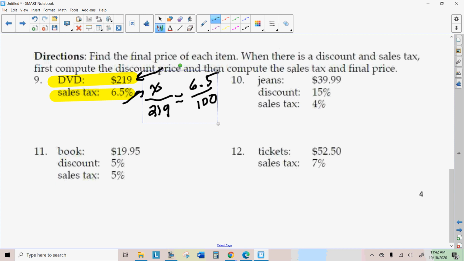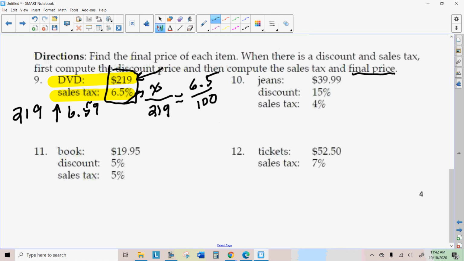Now, if you are computing your final price, you have to do one more step. You have to add them together. Well, I'm going to make a suggestion, and then I'll give you the reasons why you might want to do this. If you want to save yourself a step, think about increasing 219 by 6.5%, so marking it up by 6.5%.